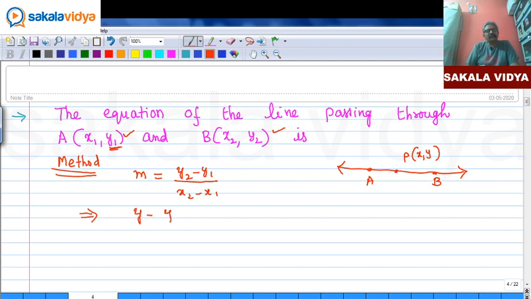Then we know the slope and one point on the line, so this point we can take. y minus y1 is equal to m, m means (y2 minus y1) by (x2 minus x1), into (x minus x1).